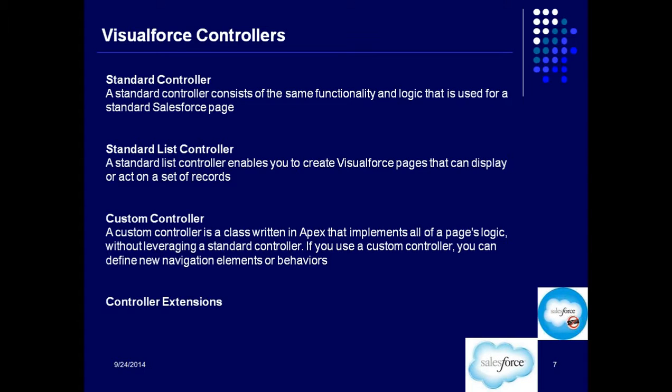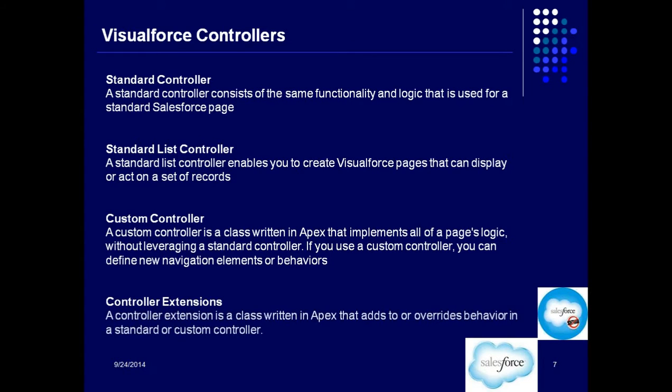Controller extensions. Now, a controller extension is a class written in Apex that adds to or overrides behavior in a standard or custom controller. So what is this controller extension? This is also a class, but it is not used as a primary controller for the page. It is always used as an extension.